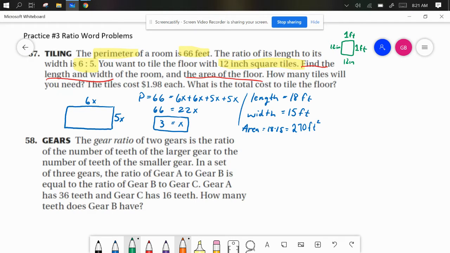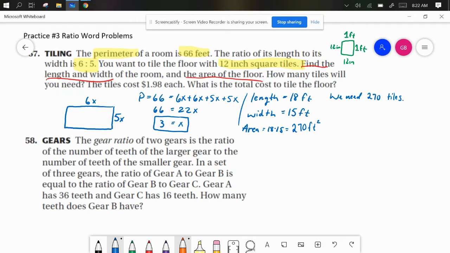Since we already have an area of 270 square feet, we already know how many tiles we need. So we need 270 tiles.